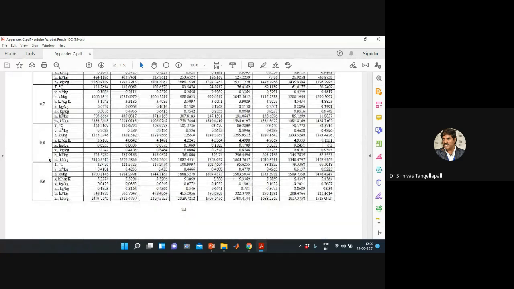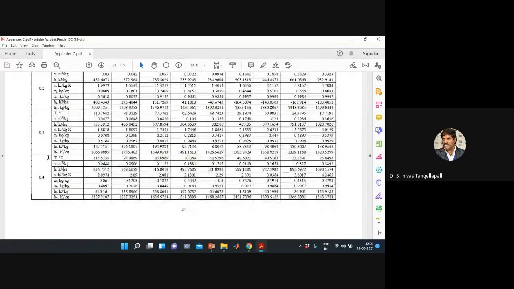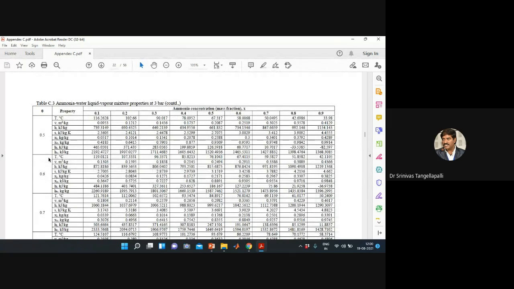If the dryness fraction is equal to 0, that's completely liquid, and if the dryness fraction is equal to 1, that is completely vapor. That also has been excluded here.